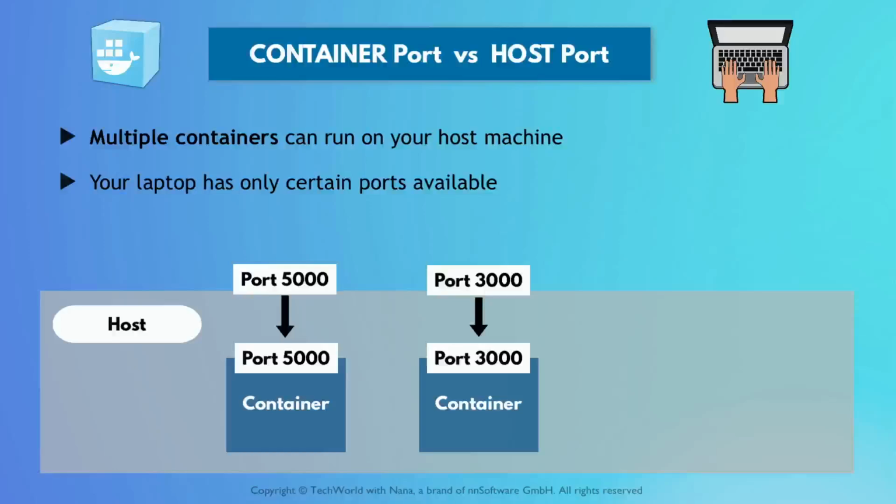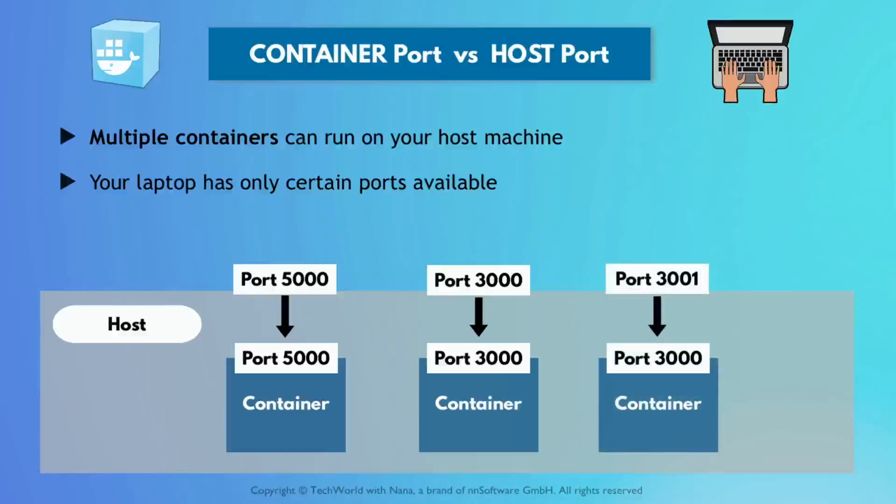How it works is that you need to create a so-called binding between a port that your host machine has, and the container. For example, in the first container here, the container is listening on port 5000, and you bind your laptop's port 5000 to that container's.